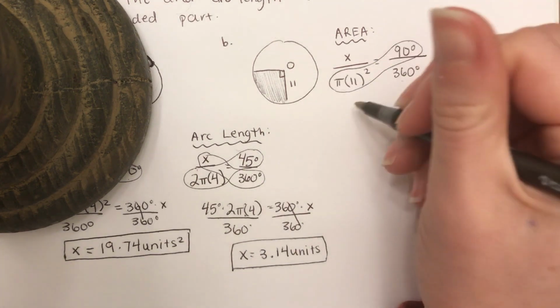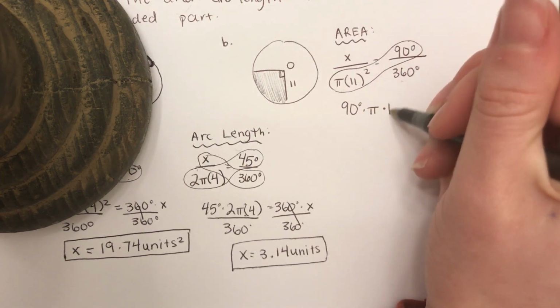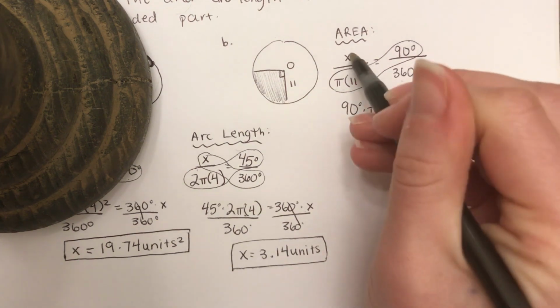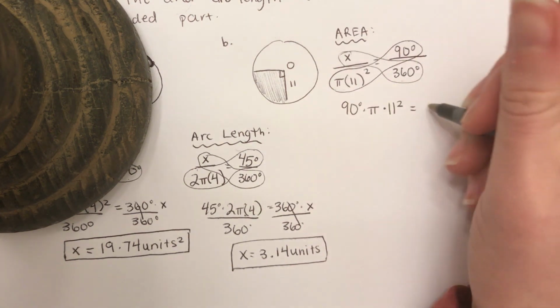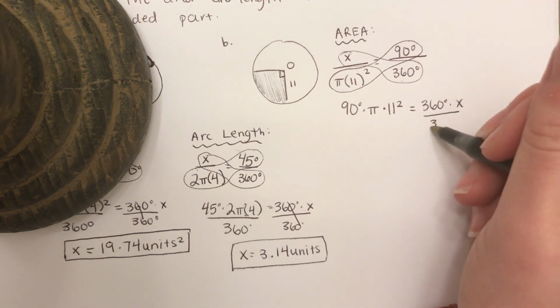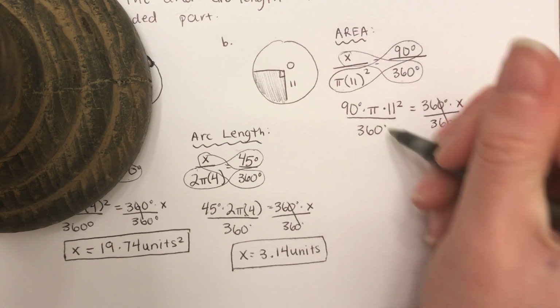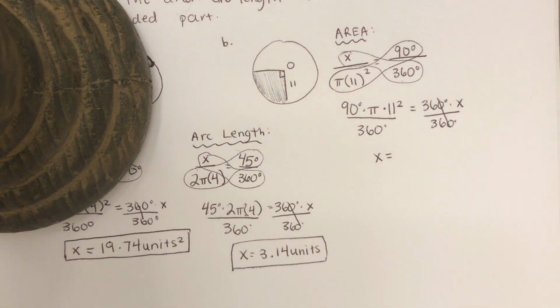So this time when we cross multiply, we're going to have 90 times pi times 11 squared equals 360 degrees times x. And then again, you'll notice a pattern here. You're always going to end up dividing by that 360 for these problems. So again, going to your calculator, typing that in.